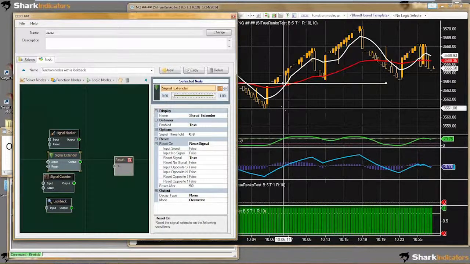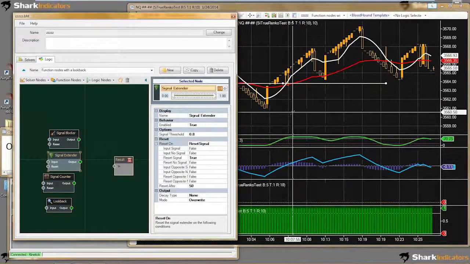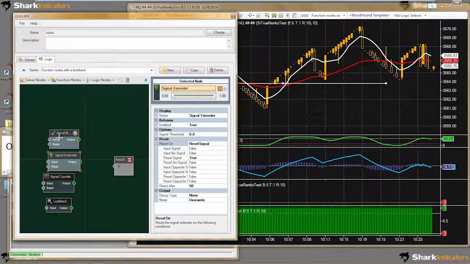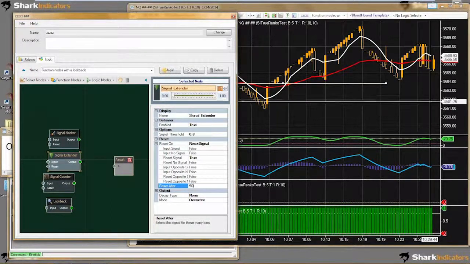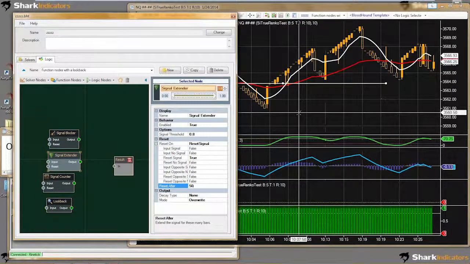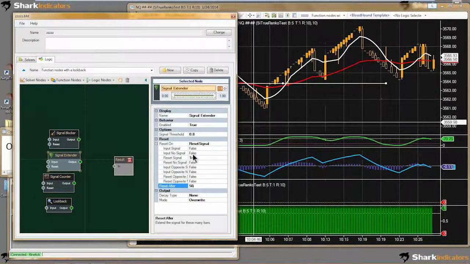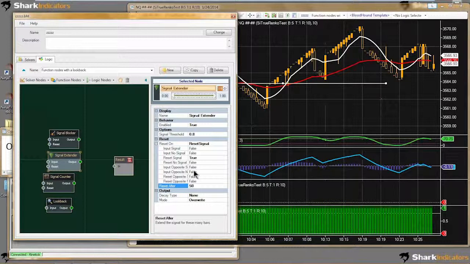So that in itself can use a lot of resources. Every single one of these function nodes has this parameter that's looking at 50 bars, and it's having to count back and check for the conditions that you're looking for.